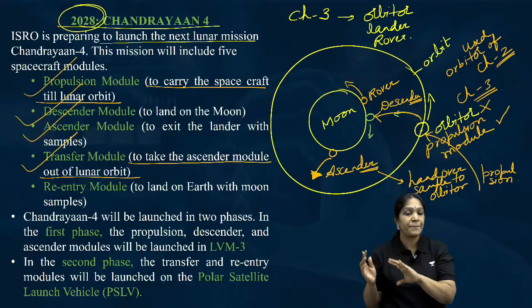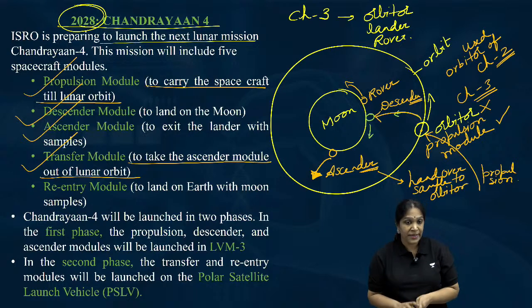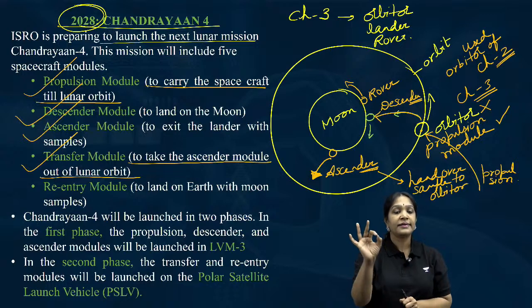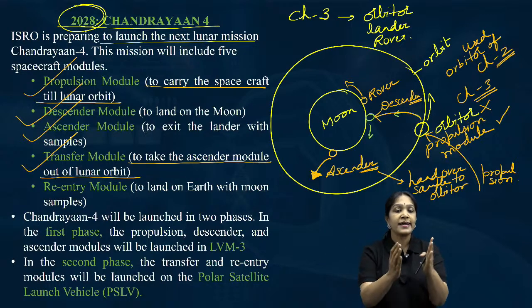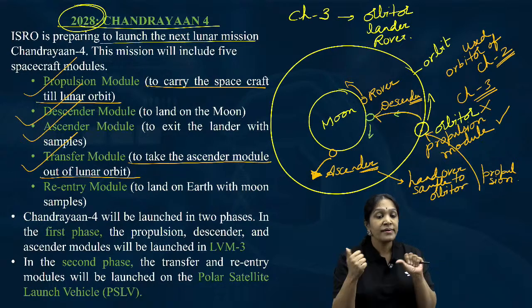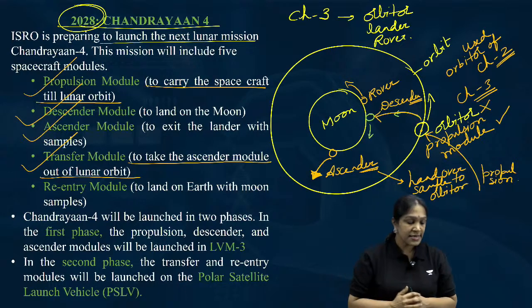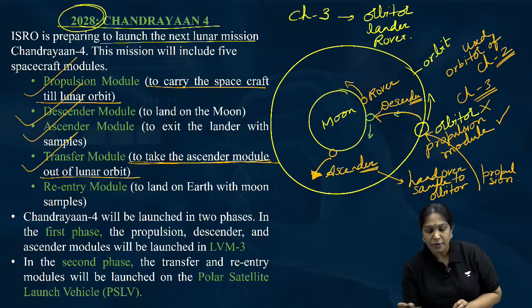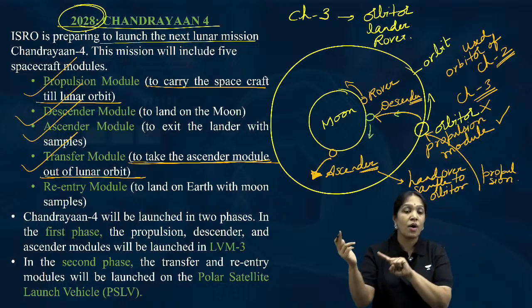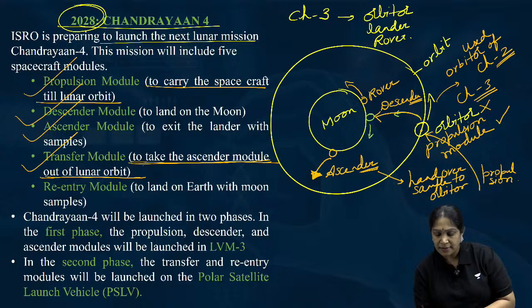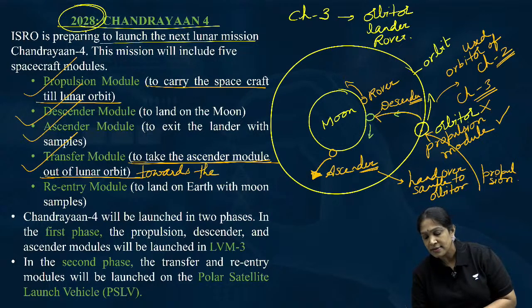We want to bring the sample onto the earth. It means Chandrayaan 4 is a sample return mission. Use the word at least in your mind. So that is the reason why the transfer module will take the ascender module out of the lunar orbit. Out of the lunar orbit means towards the earth. Is it clear?